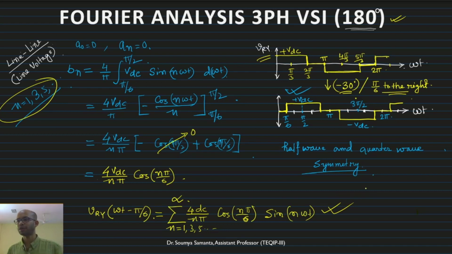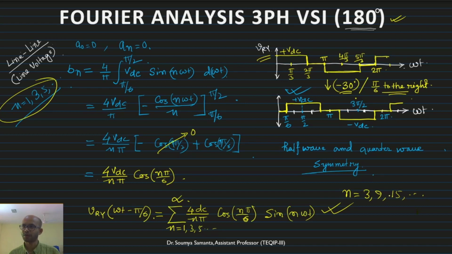Now if you observe here, put n equals to 3, 9. These are the triplen harmonics. Similarly, the next is 15.